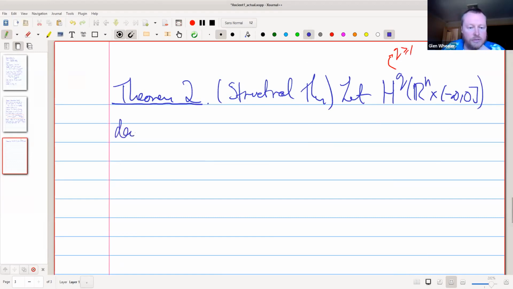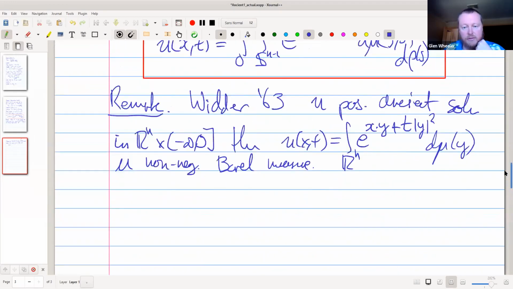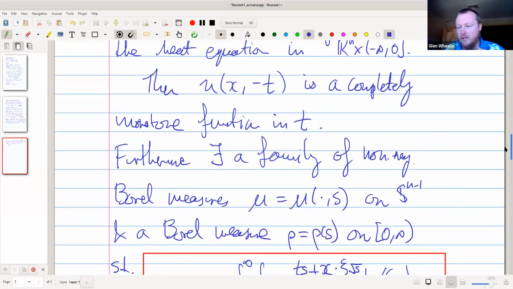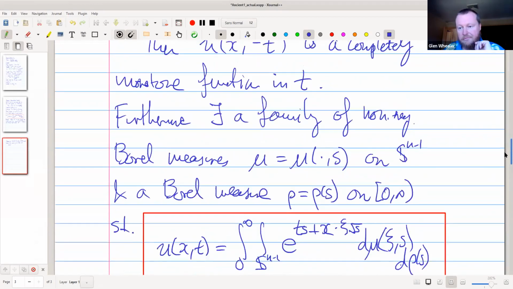Okay, this is going to denote the space of ancient solutions to the heat equation that satisfy this growth condition. Maybe I didn't even make the remark back here, but you can see that in this theorem, u is a non-negative solution to the heat equation. It's a non-negative ancient solution and no growth condition, right?